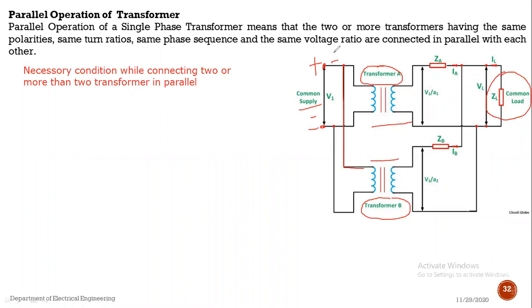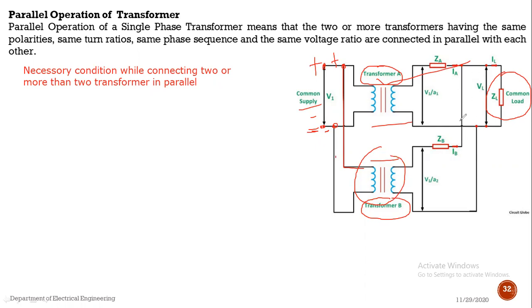Positive terminal of the first transformer, transformer A, is connected to the positive terminal of the common supply. Negative terminal of transformer A is connected to the negative terminal of the supply. Similarly, for transformer B, positive polarity is connected to the positive terminal of the supply and negative polarity to the negative terminal. So this polarity should be same.